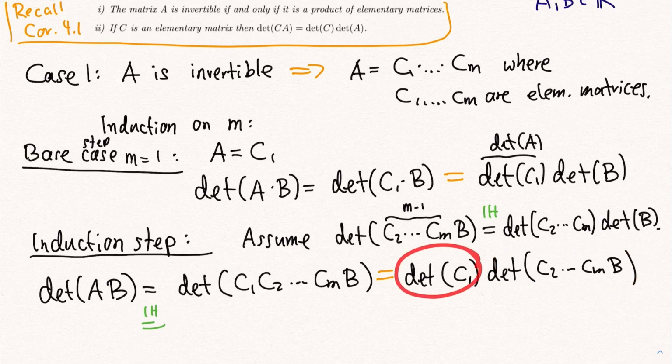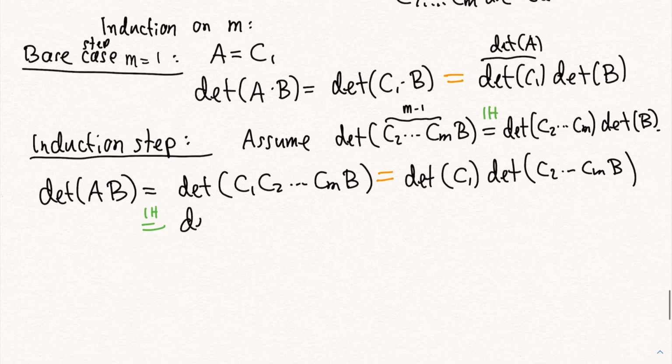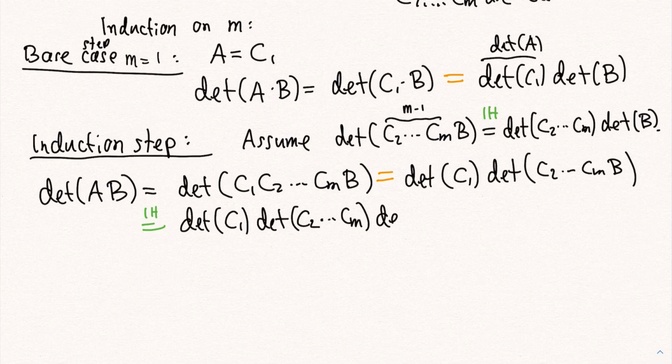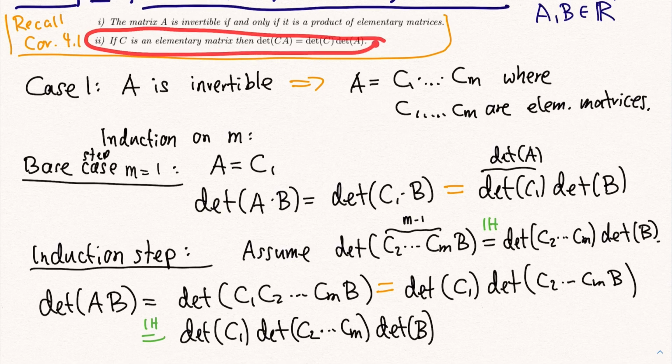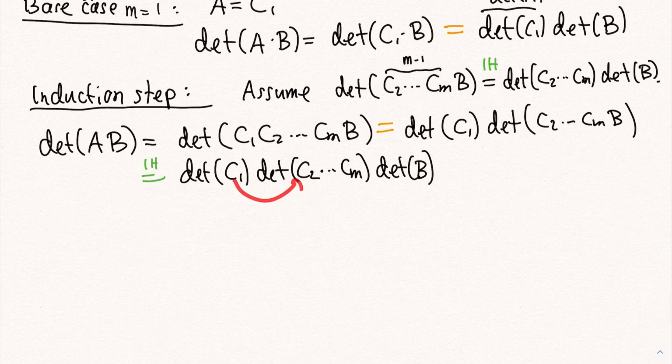The determinant of C1 is still there, but now we can write the rest as the determinant of C2 up to Cm times the determinant of B. But now we have the determinant of one elementary matrix times the determinant of some matrix, and here we can use again the corollary. So we can again put this C1 in there. So this is the determinant of C1, C2 up to Cm times the determinant of B.